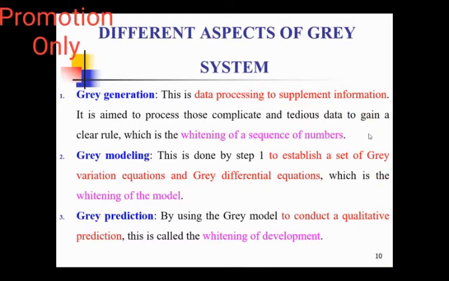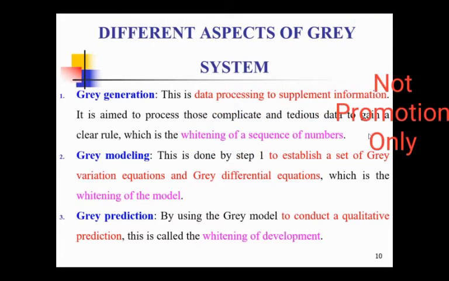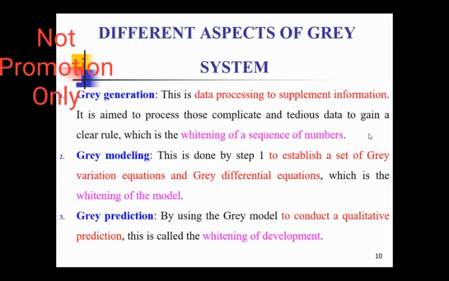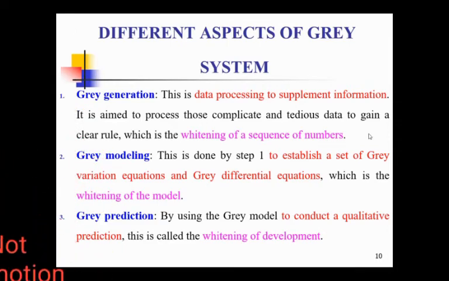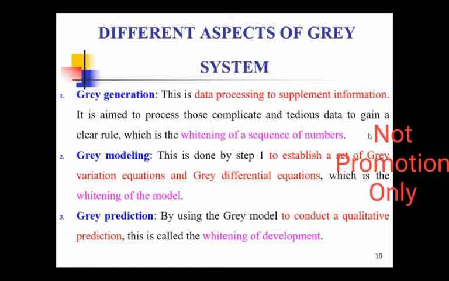So I have to extract the maximum information from the data and make it white. That is the whitening process, or whitening of the sequence of numbers. For this only we use gray generation, gray modeling and gray prediction.